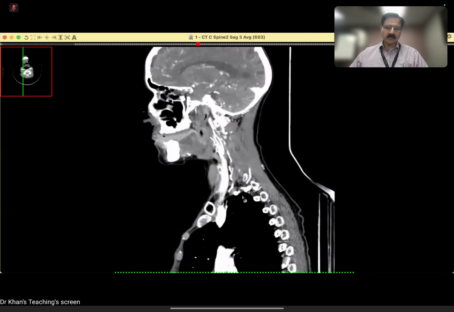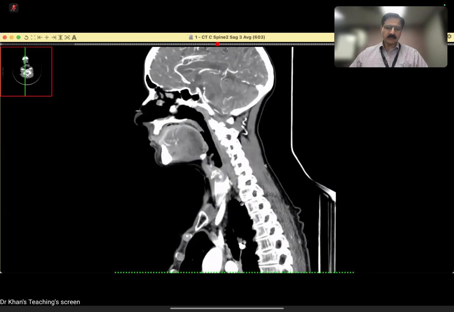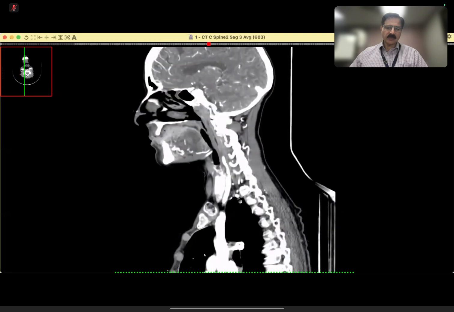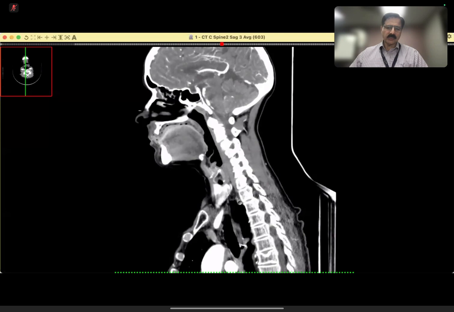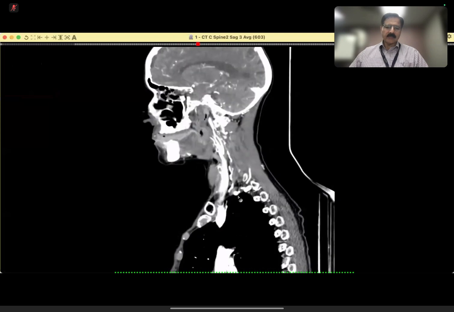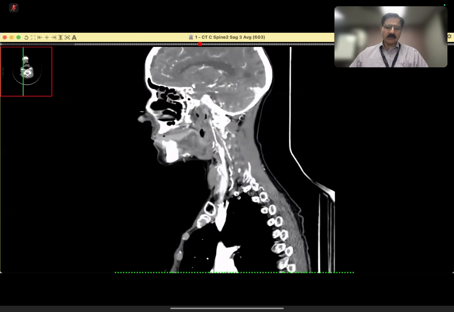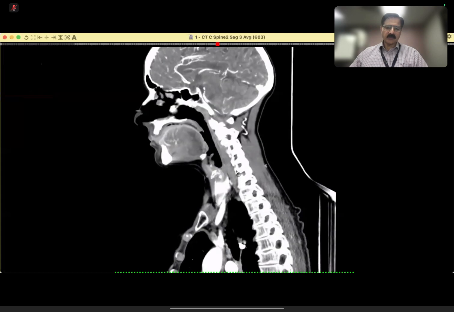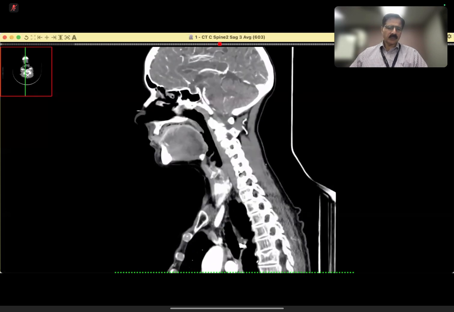So where I'm pointing out, this is the subclavian, and then you lose it. And where I'm pointing out, you can see this vertebral going up superiorly, but the axials were fine. Okay.